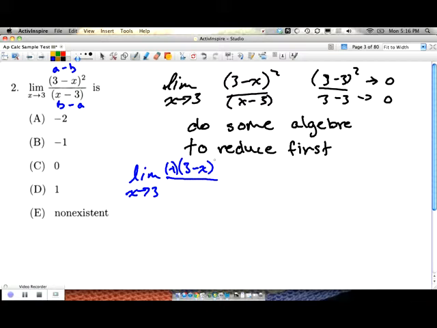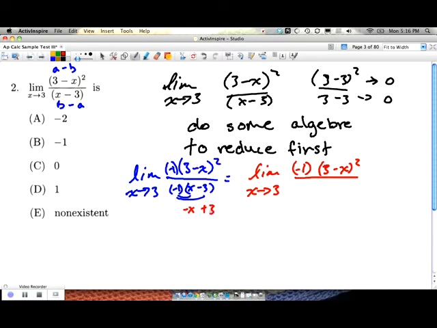We're going to multiply the bottom by negative 1 as well, and that's x minus 3. If I distribute this negative 1 to the bottom pieces, that'll become the limit as x approaches 3. And on top we'll still have negative 1 times 3 minus x quantity squared over, now when I distribute this negative, that's going to become negative x and positive 3. So if I rewrite that with positive 1 first, I'll have 3 minus x.